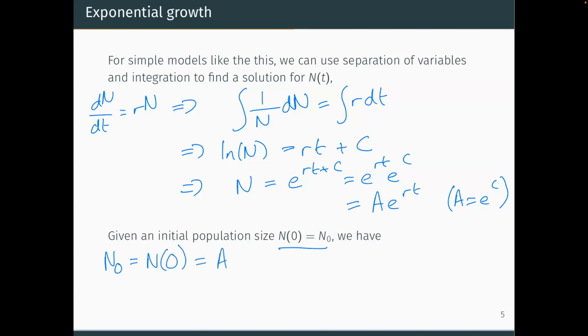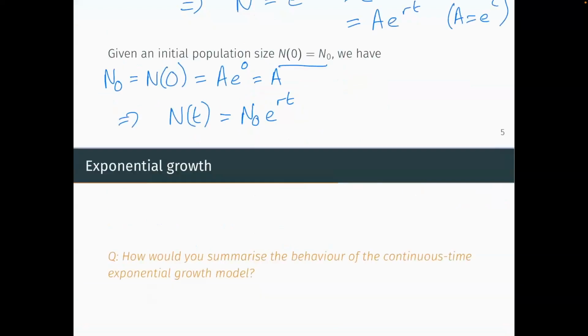So in our solution, we're going to have A e to the 0, which is just going to equal A. So that tells me that my solution, N at time t, is going to equal my initial population size times the exponential of r times t. So, yes.